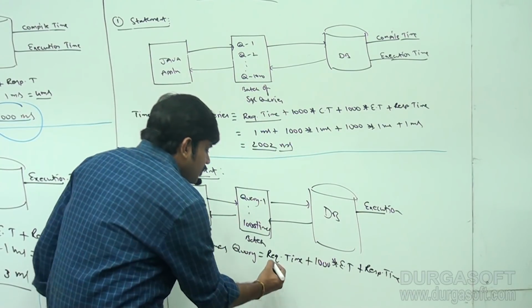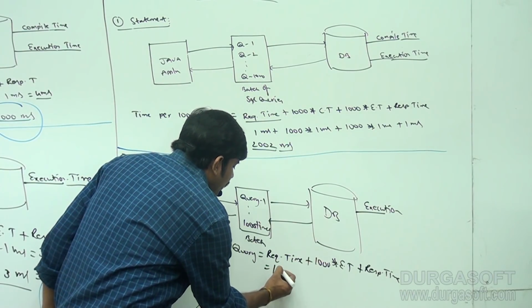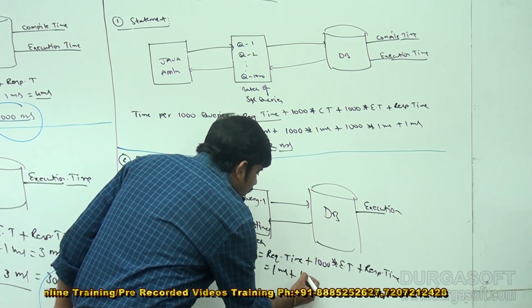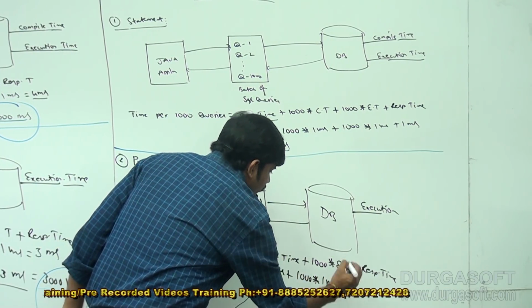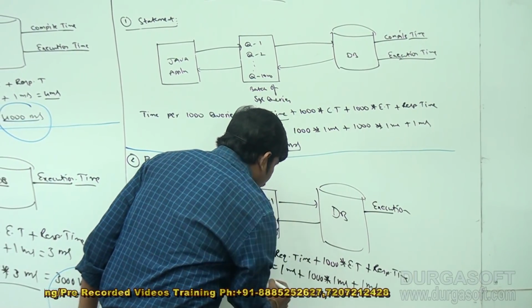Observe: request time 1 millisecond, 1000 into 1 millisecond execution time, and response time is only 1 millisecond.